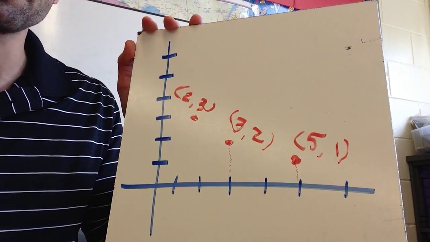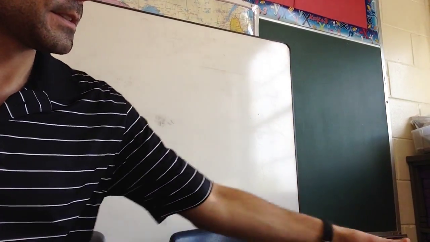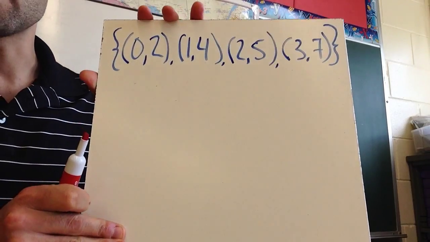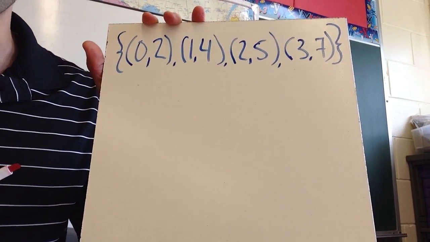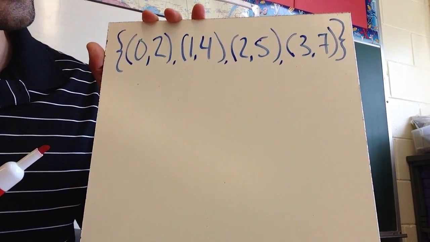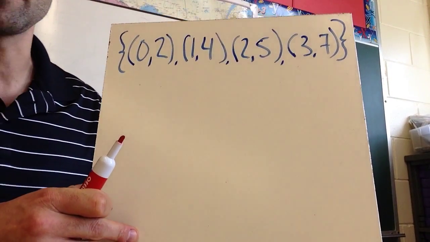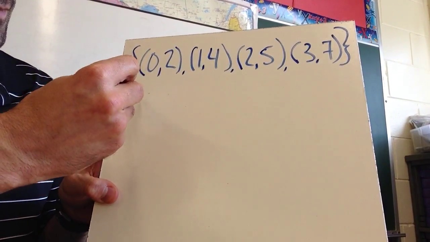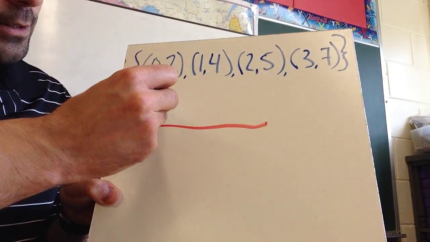All right, the last thing that I want to discuss is relations, domain, and range. A relation is basically a set of ordered pairs. If I wanted to express this relation in a table, and remember you could go vertical or horizontal, I'm going to do a horizontal table.